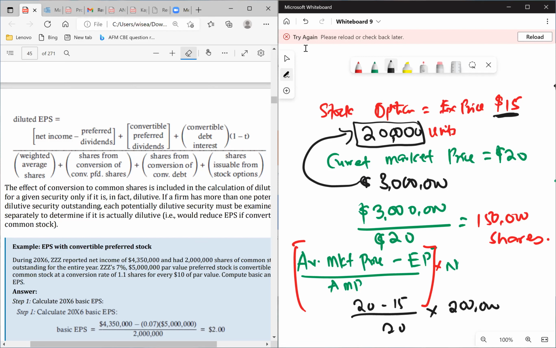No, this formula is to determine whether the stock options are anti-dilutive or dilutive. Okay. So the number of shares to add to the weighted average number of shares should be the proceeds of the stock option divided by the average market price. That would be like the 150,000. That would tell you the number of shares. Yes, that we are going to add to the denominator.